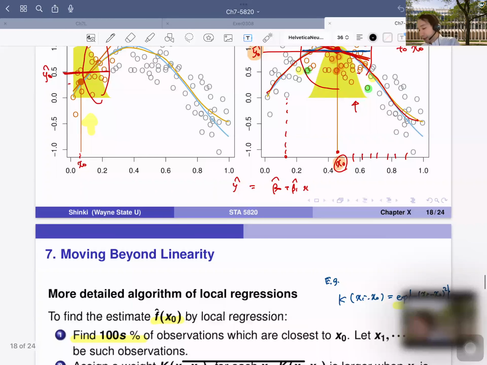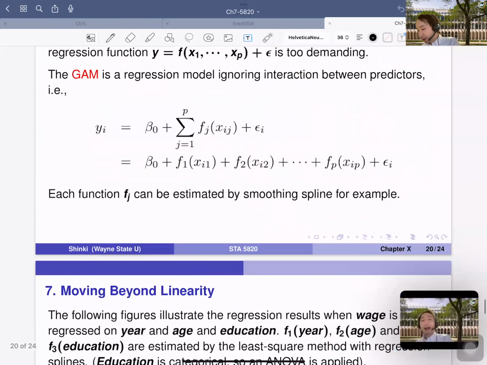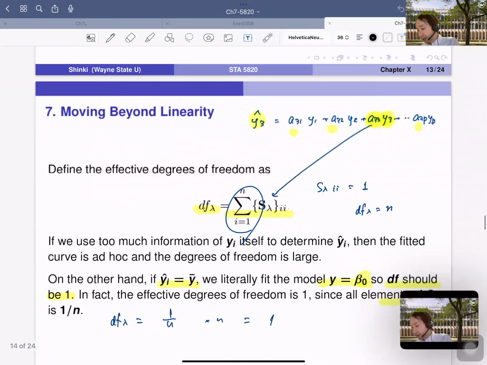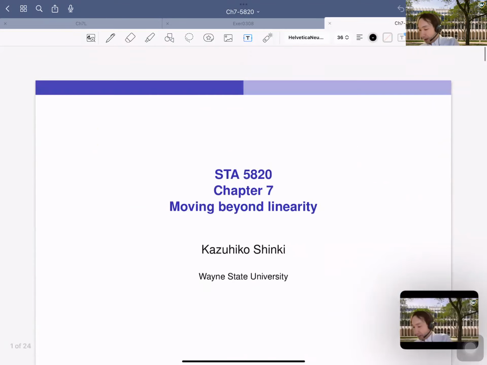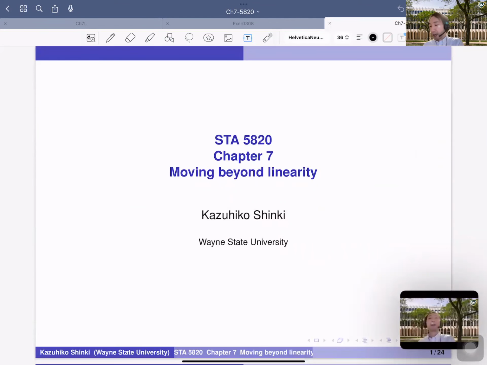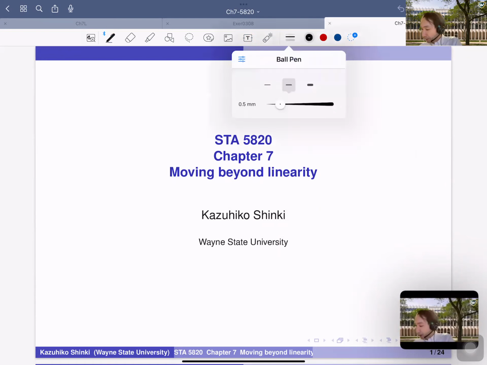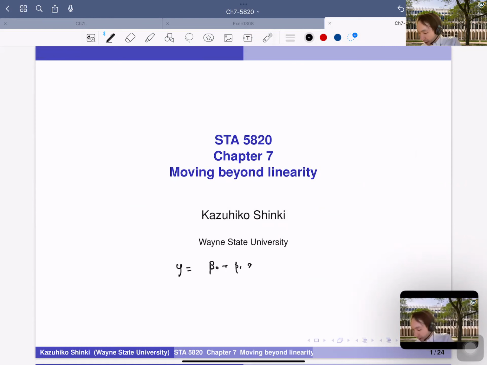So last time we studied chapter 7, just to quickly review, we were thinking about moving beyond linearity. The most basic statistical model is y = beta 0 + beta 1 x + epsilon.